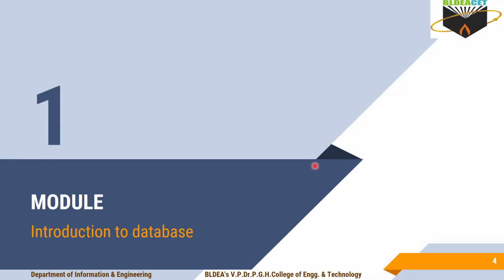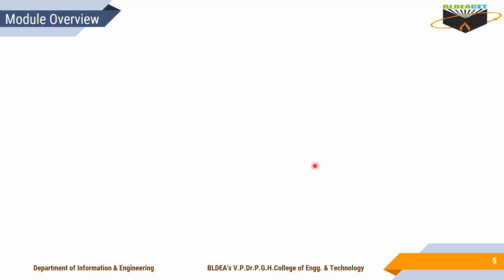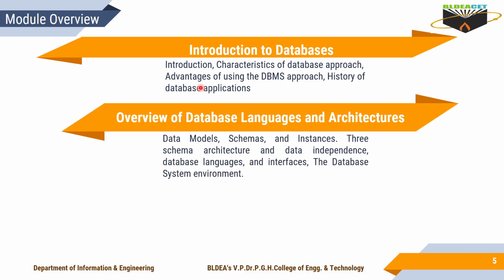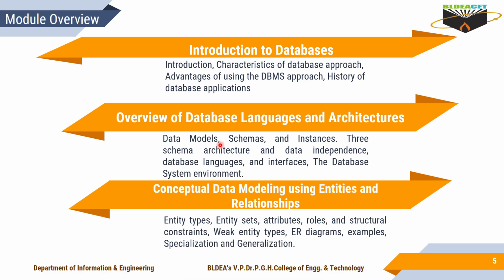The first module is an introduction to databases. Overview of the module: in this module, you are going to learn about the database, what database actually means, and what the characteristics, advantages and applications of a database are. Also, you will learn about the different database languages, the three schema architecture, and the conceptual data model using entities and relationships.